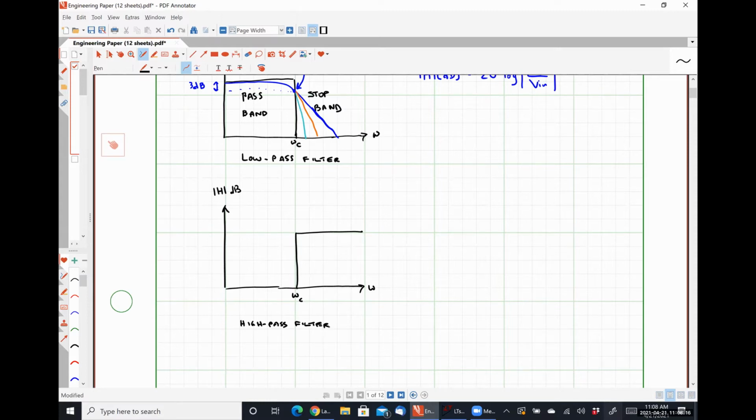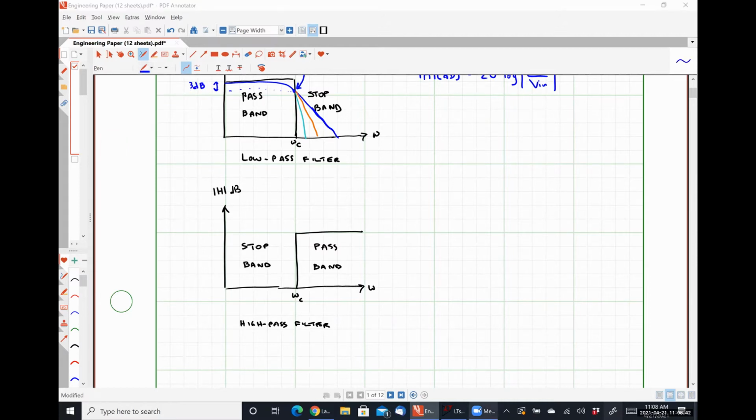In a high pass filter, everything below the cutoff frequency is the stop band, and everything above the cutoff frequency is the pass band. Practically, again, we can never create something like this.